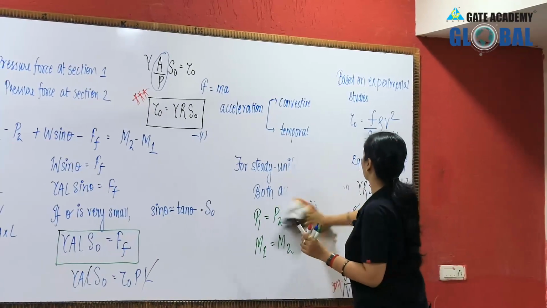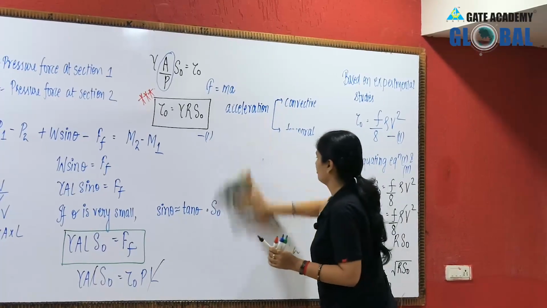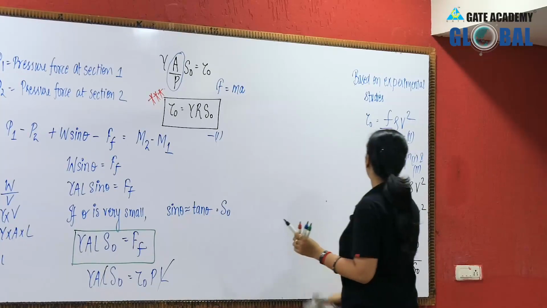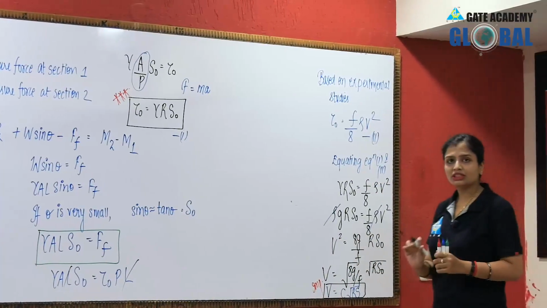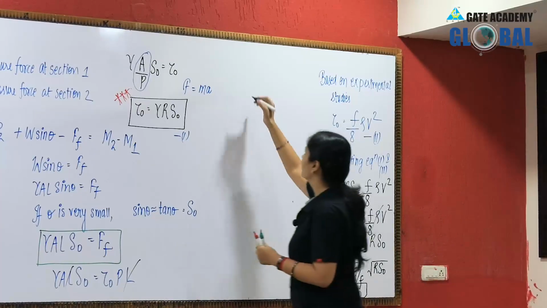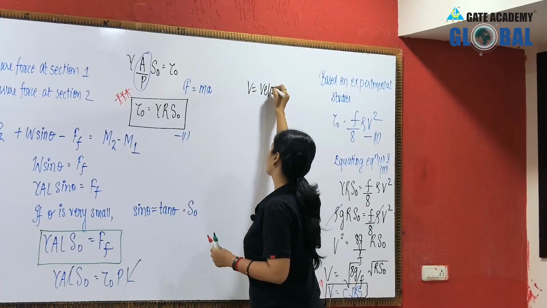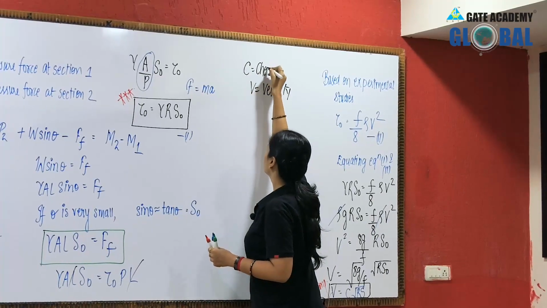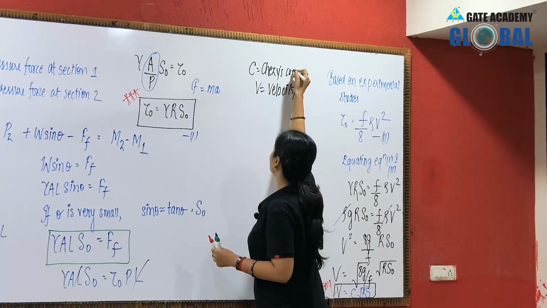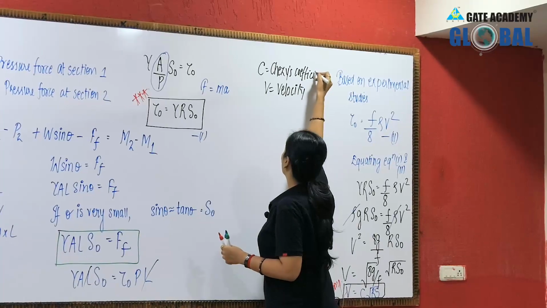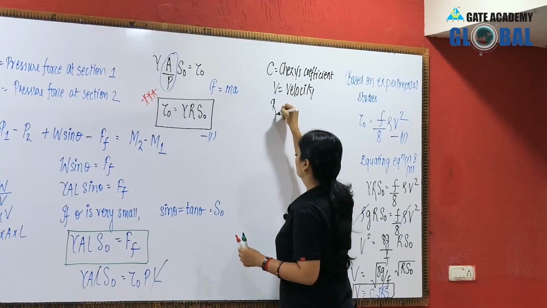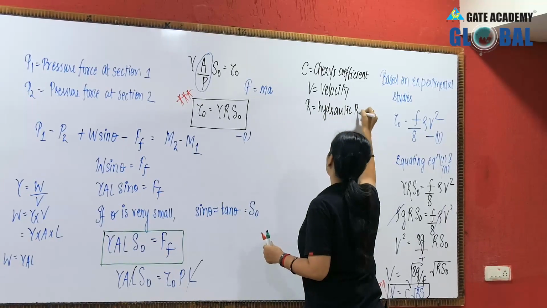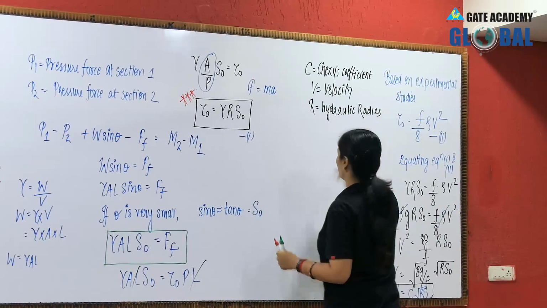I am erasing it out. So now V is equal to C root over RS, where V is your velocity, C is Chezy's coefficient, R is your hydraulic radius, and S is your channel bottom slope, or you can say bed slope.